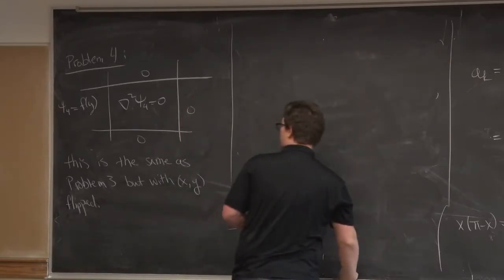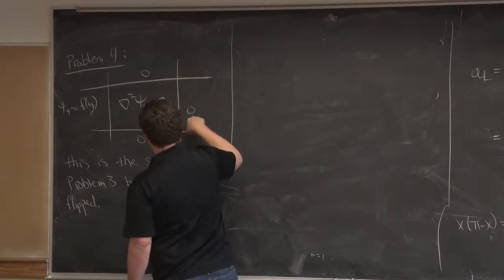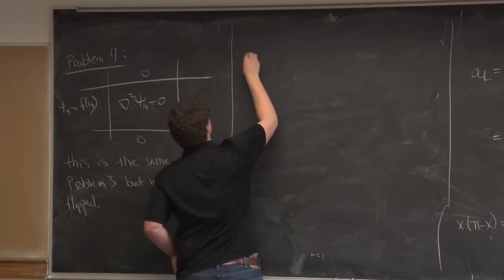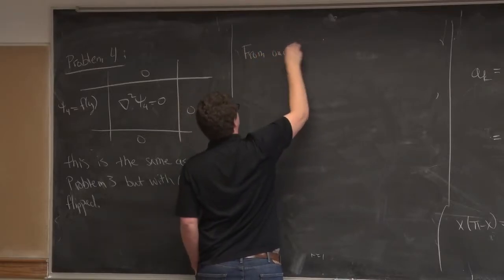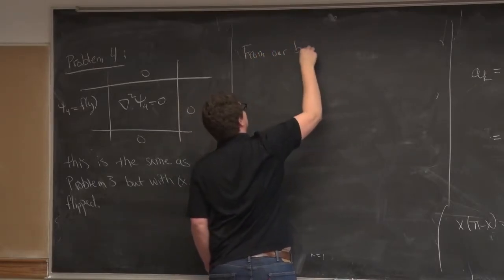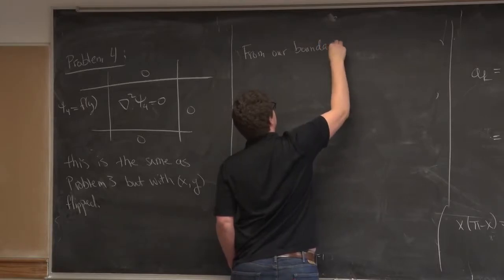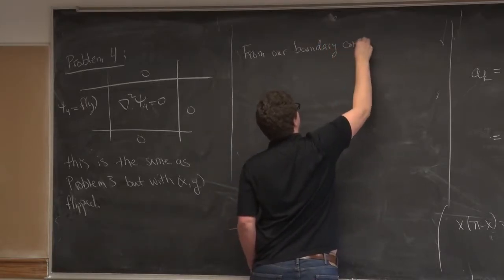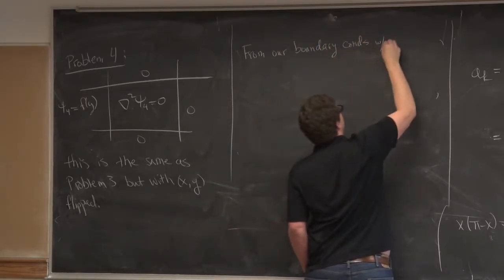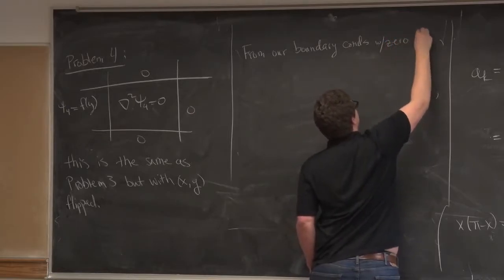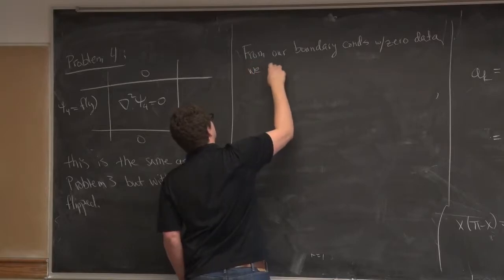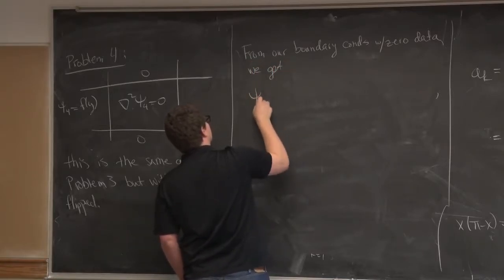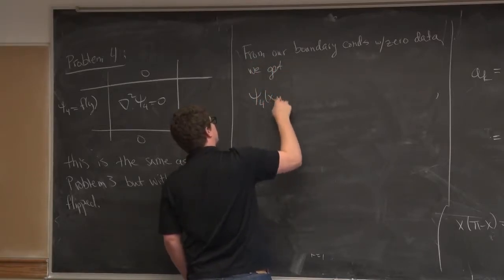So from these two boundary conditions plus this boundary condition, we get psi 4 of x, y.